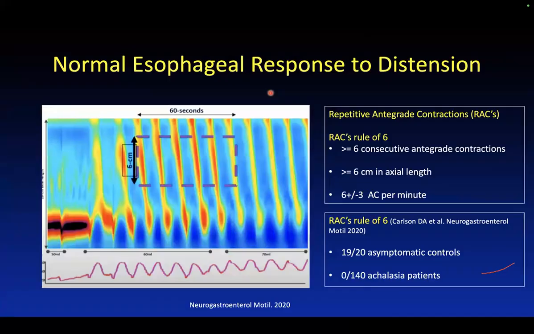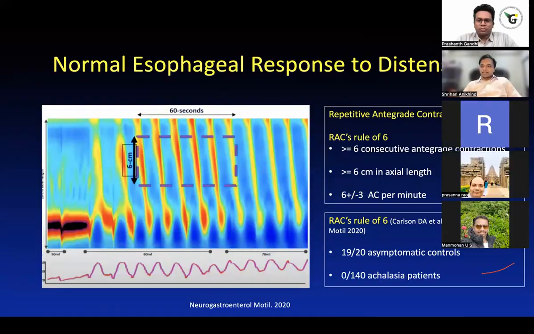Okay, so if we talk of the contractions, if we talk of the secondary peristalsis, there is an important concept called repetitive antegrade contractions, RACs, which I previously discussed. So what are RACs?